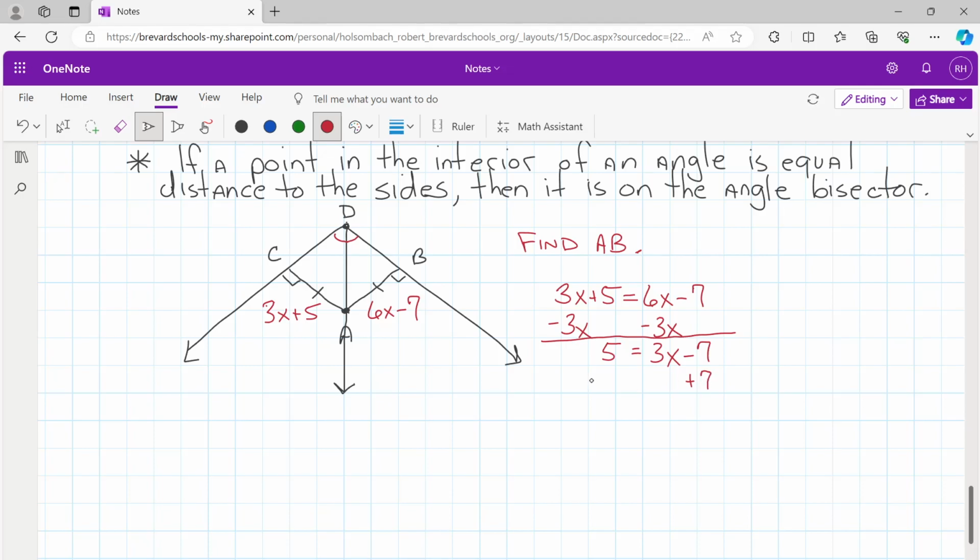Add 7 to each side, and 12 is equal to 3x. Divide both sides by 3, and 4 is equal to x.